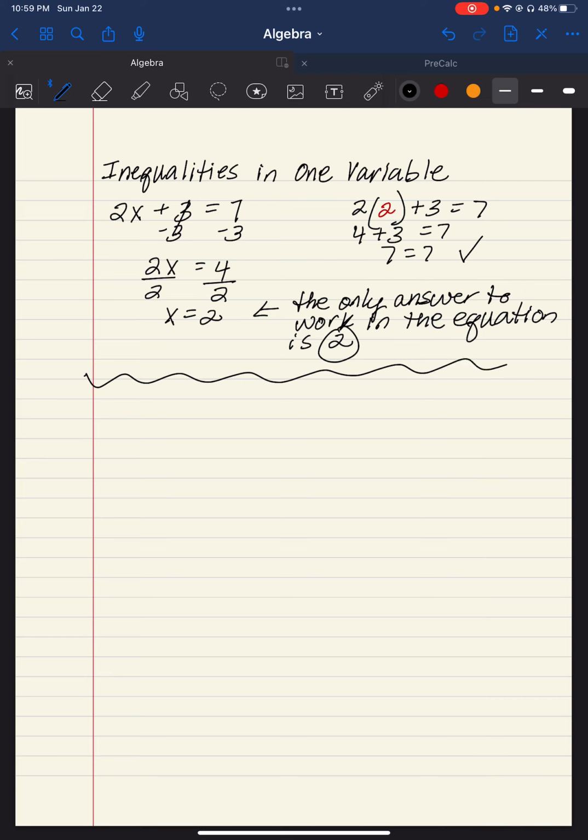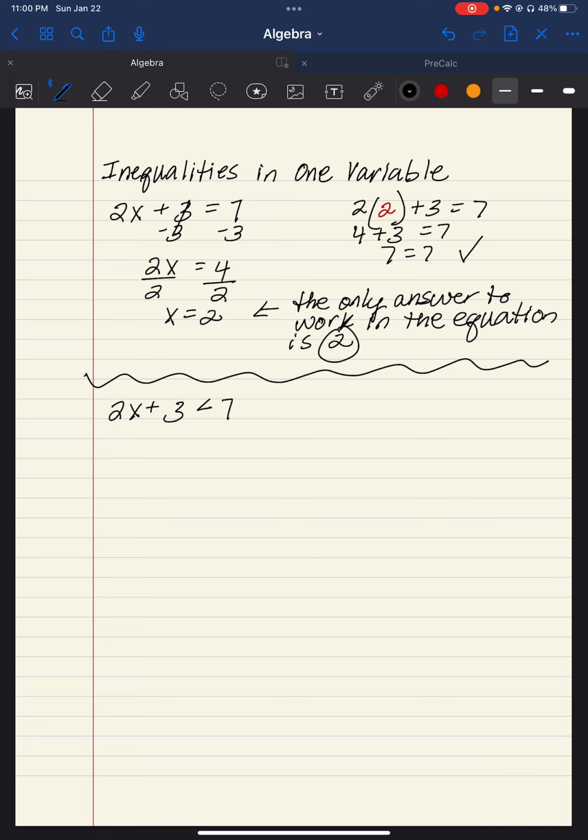All right, so now let's take a look at inequalities in one variable. Let's say we had the same equation, 2x plus 3, and in this case we said something like is less than 7, right? All right, how do we solve this?